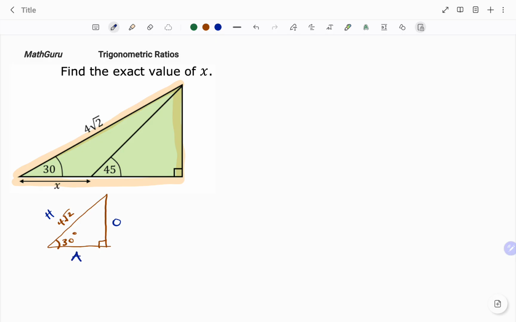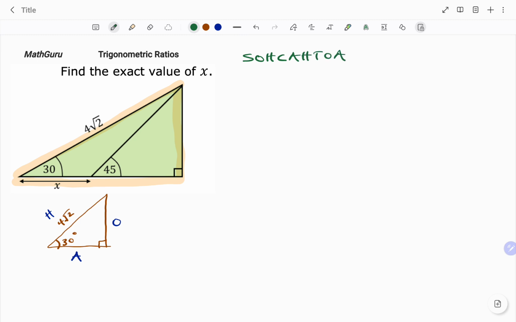So, because I have my hypotenuse, I'm looking for my opposite. For the trig ratios that use hypotenuse and opposite, I'm going to write down SOHCAHTOA, the acronym that helps in simplifying my trig ratios. SOHCAHTOA.